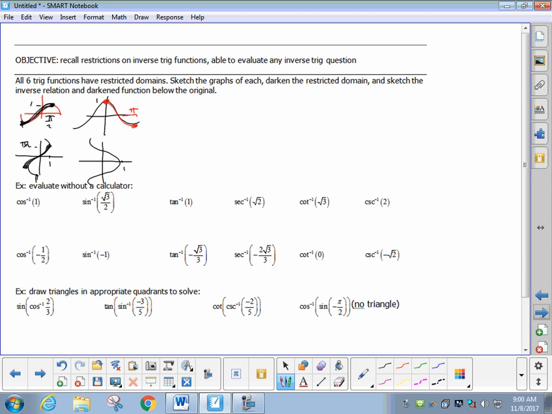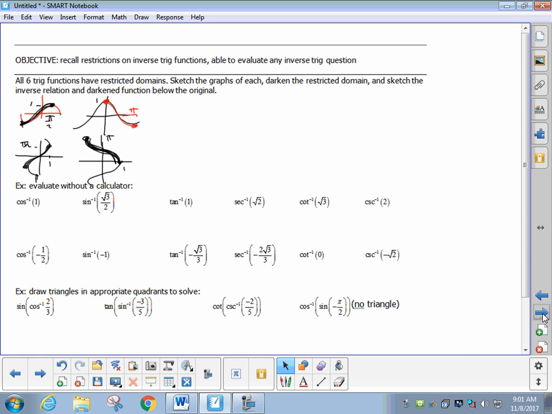When we invert it, instead of taking x's from 0 to pi, I'll be taking y's from 0 to pi. Okay? See what I'm looking at?